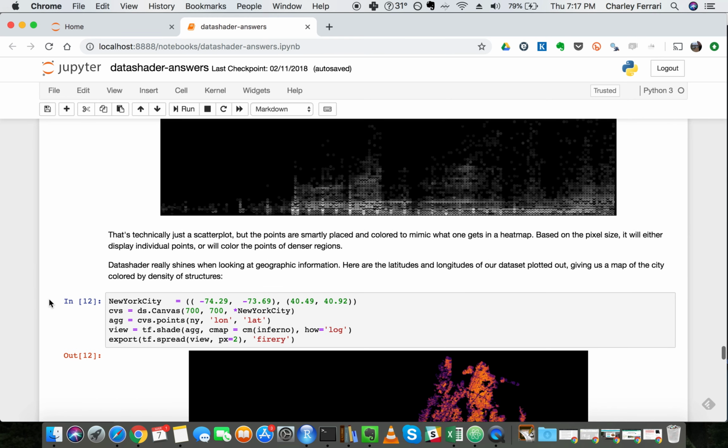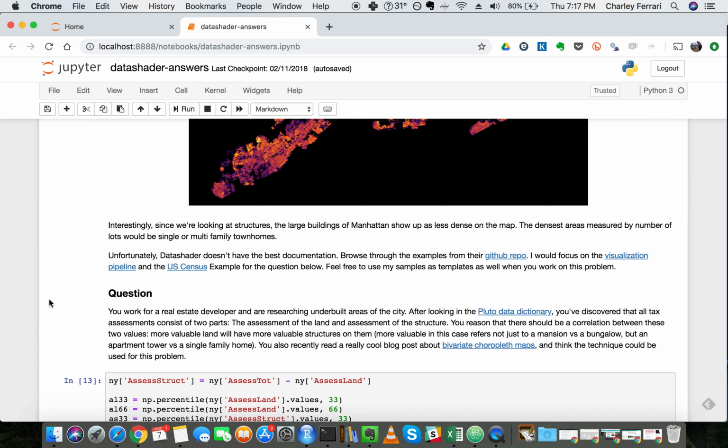So the question here is, we're pretending we're a real estate developer, and we're looking at where there are opportunities for development. One way we could look at this is you have some sort of value of land.